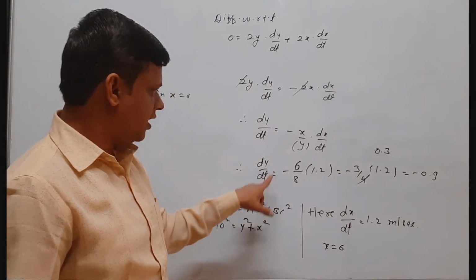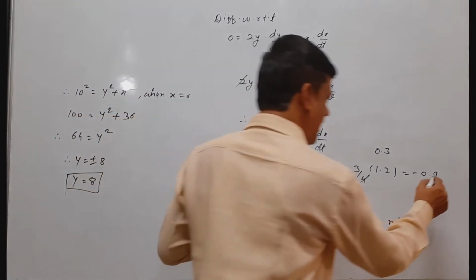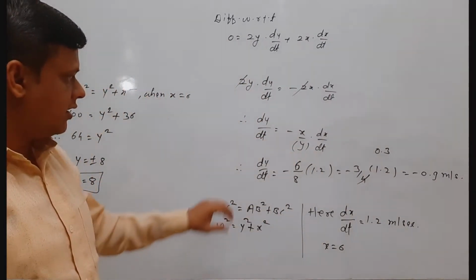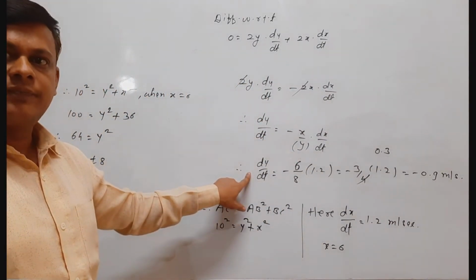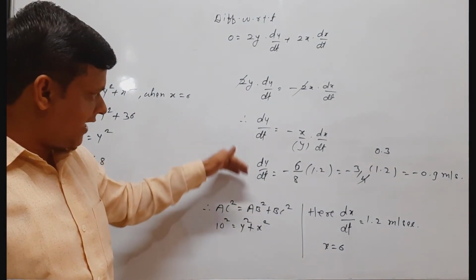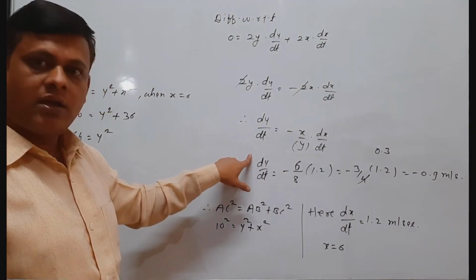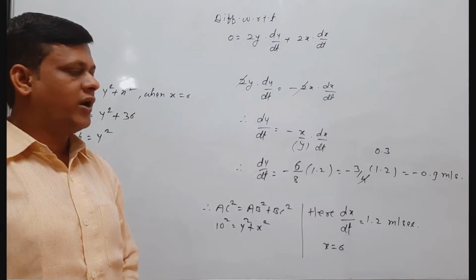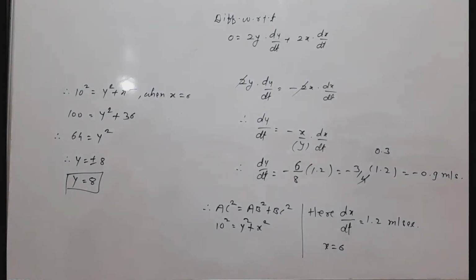We have to write here the unit for dy by dt as meter per second. So in this way we get the change in the sliding of the ladder over the wall, which is minus 0.9 meter per second.